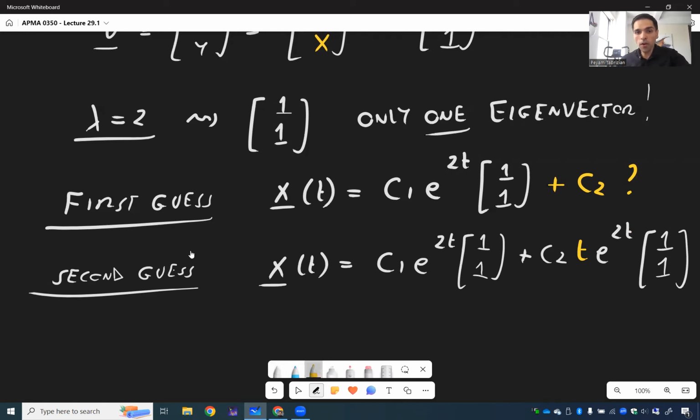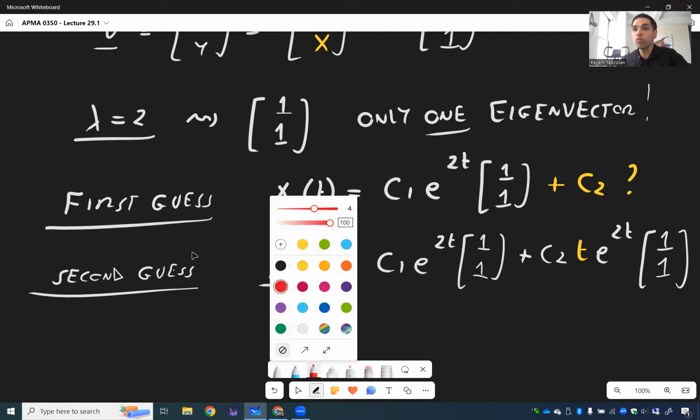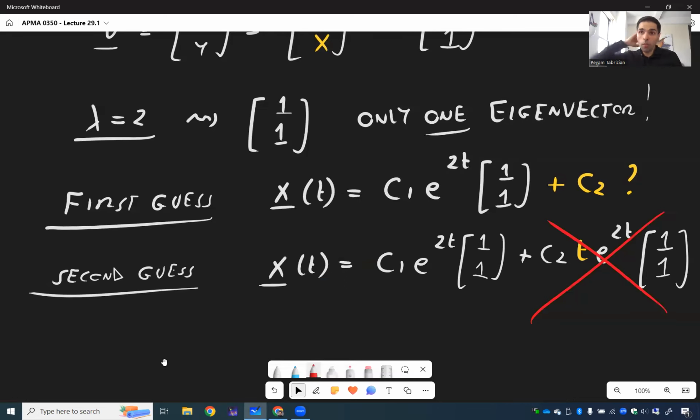Now, it turns out this is wrong, but not that wrong. So it turns out the correct solution is almost this, except we need to add some other terms here. And this is sometimes called a generalized eigenvector.